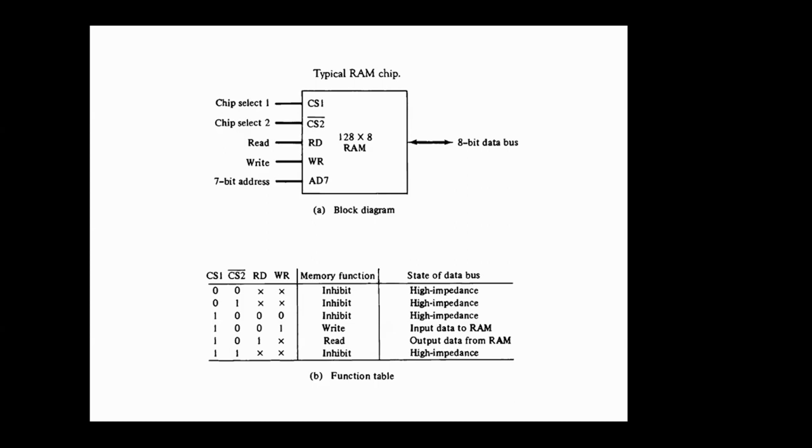If we have 8 things, we will need 3 bits. If we have 16 things, we need 4 bits. If we have 32 things, we need 5 bits. If we have 64 things, we need 6 bits. If we have 128 things, we need 7 bits. Fine.